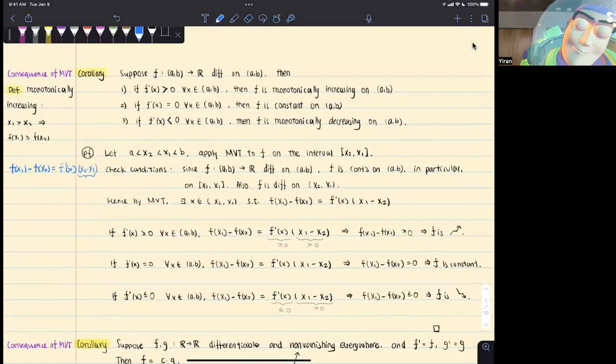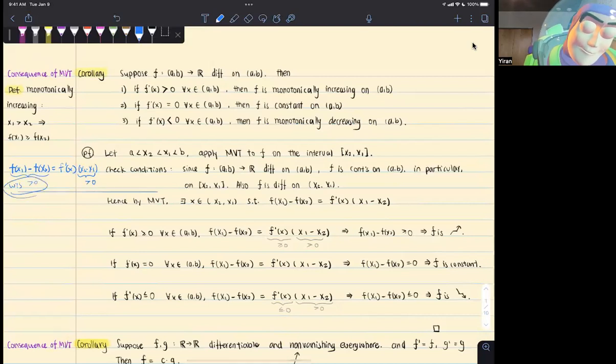If we want to show our function is monotonic increasing, given that x2 minus x1 is larger than 0, we want to show f(x2) minus f(x1) is larger than 0. And how to show this? Well, we just need to show f prime of c is larger than 0. So that is our goal, and that's basically what we're doing in this proof.